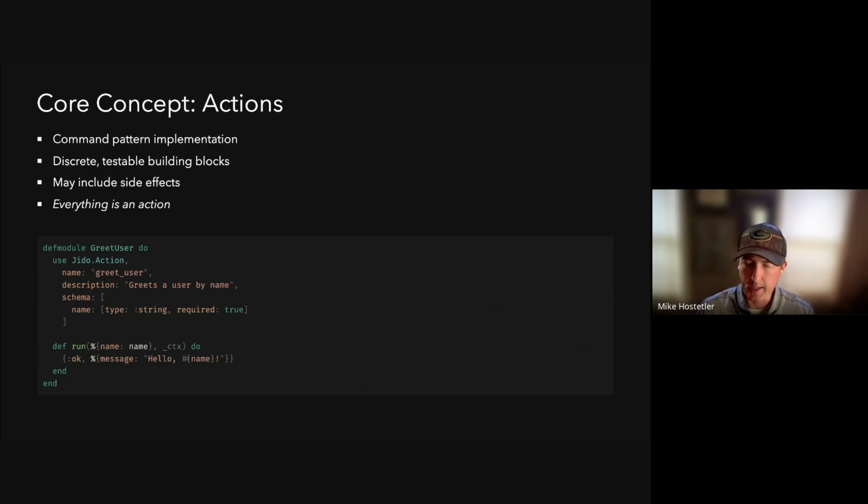And Jido.Exec wraps the action in timeouts, and you can make it asynchronous. You can do all this different runtime stuff to make execution of those actions more reliable. And again, it's all based off of the same command pattern, the same foundational action. And so this gives us a floor to build from. One of the first things you do when you think about what your agent needs to do is list out all the actions and then build those using this pattern.